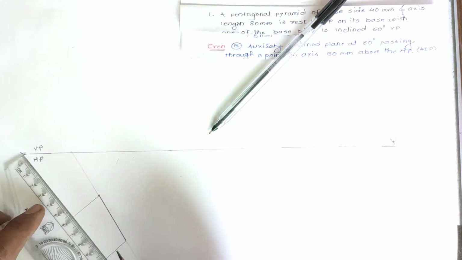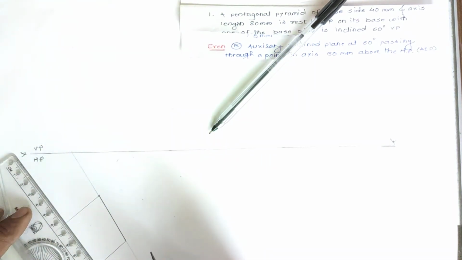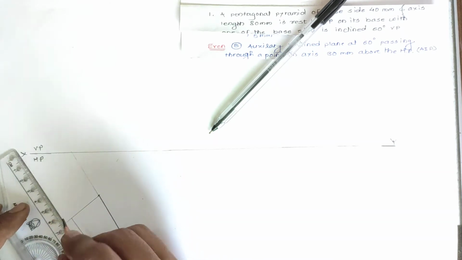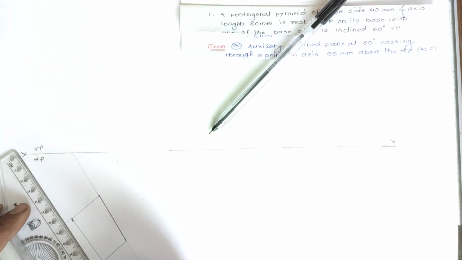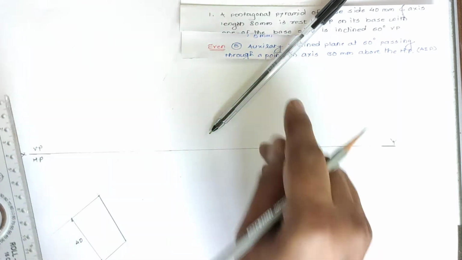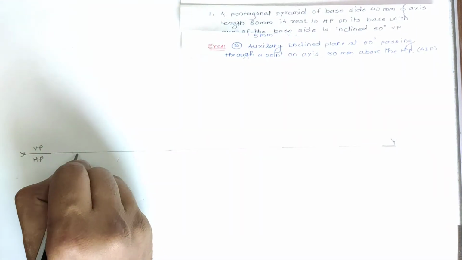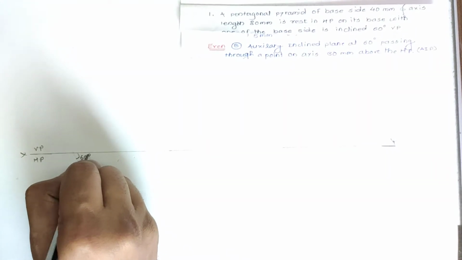Then take exactly 40 mm base side of the pentagonal pyramid, inclined at 60 degrees to BP.